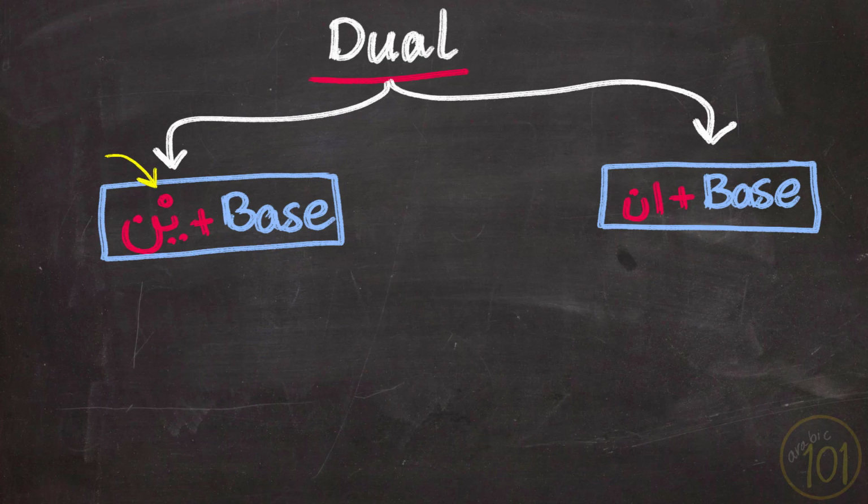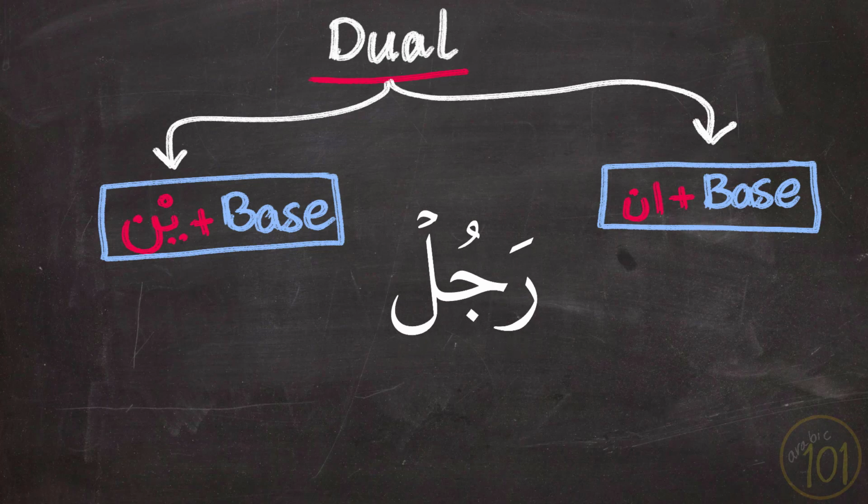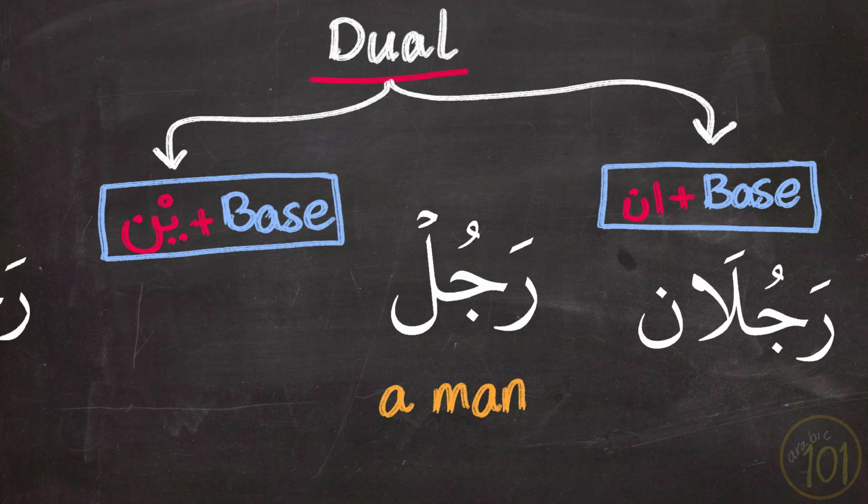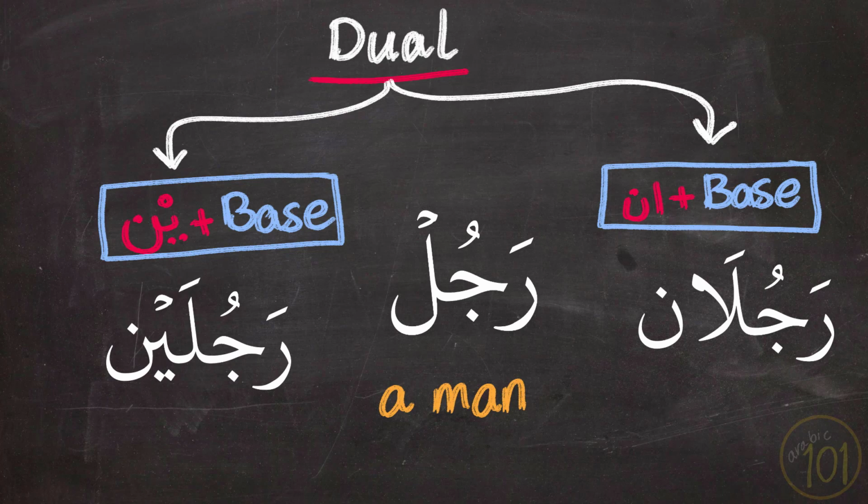Remember, this ya that is added at the end of the word has sukoon on top and not a kasr. So if you have a word like, for example, rajul, which means a man, it could be turned into a dual form by adding alif and noon or ya and noon at the end of it. So you will have rajulan or rajulain.